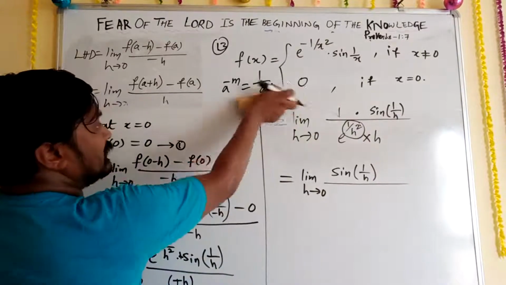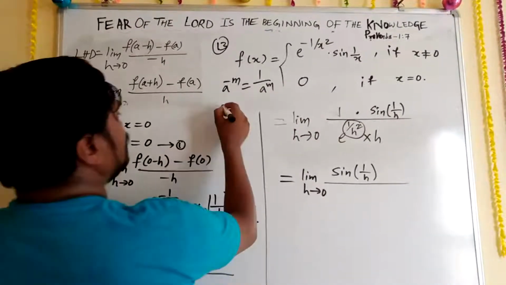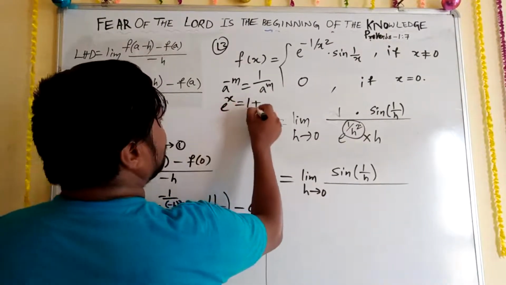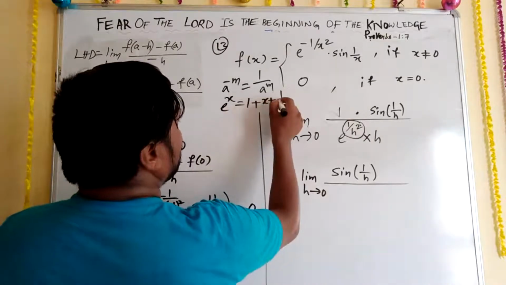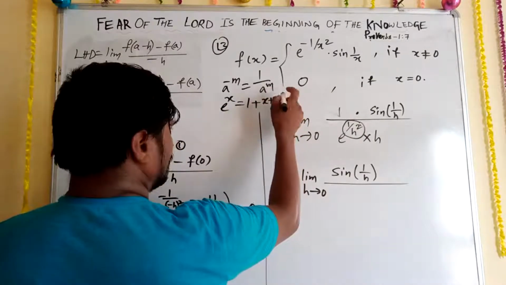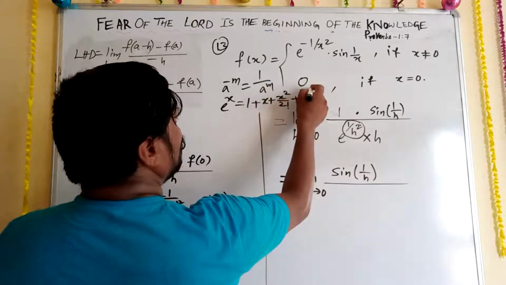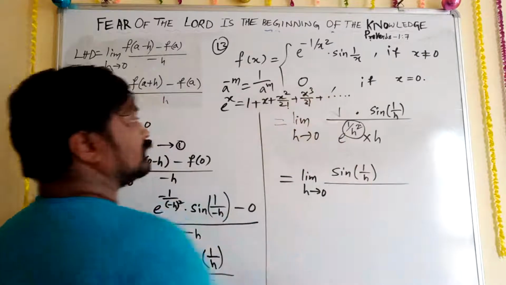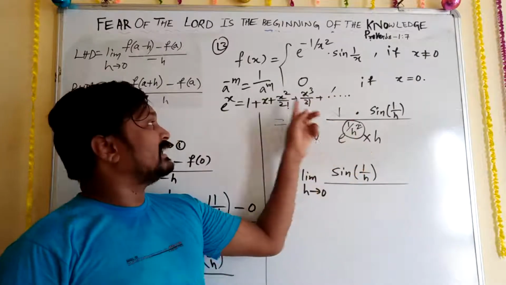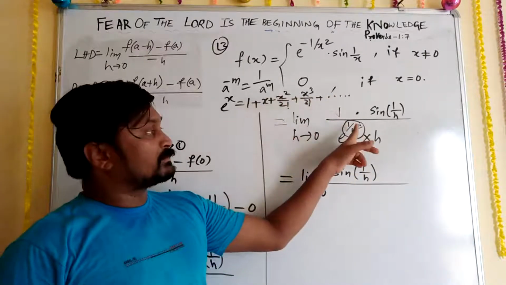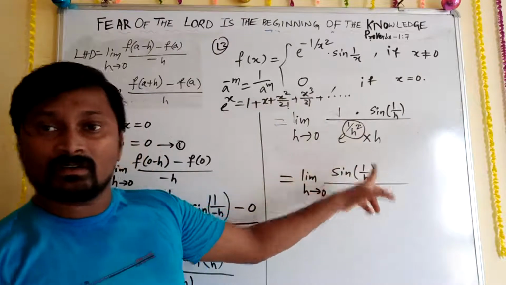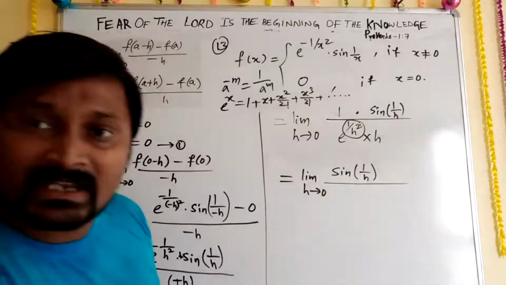So here I'll write again, observe carefully. E power x is equal to 1 plus x plus x square upon 2 factorial plus x cube upon 3 factorial plus and so on. Here 1 upon h square is there, so in x place I need to substitute 1 upon h square. Okay, you are understanding, right?